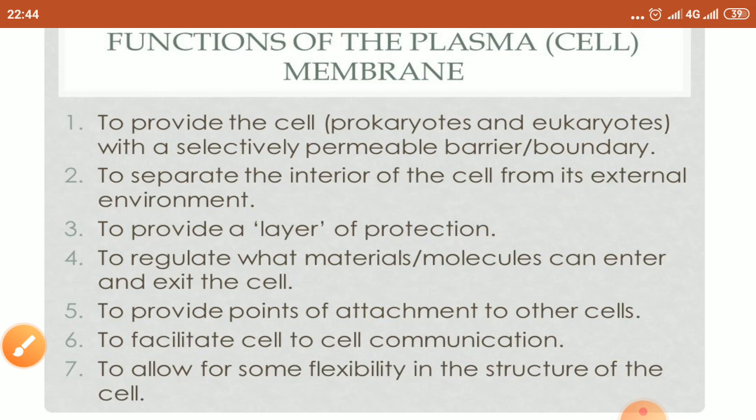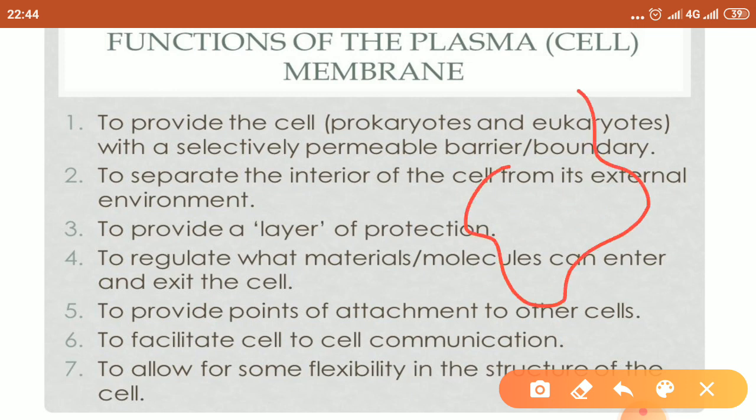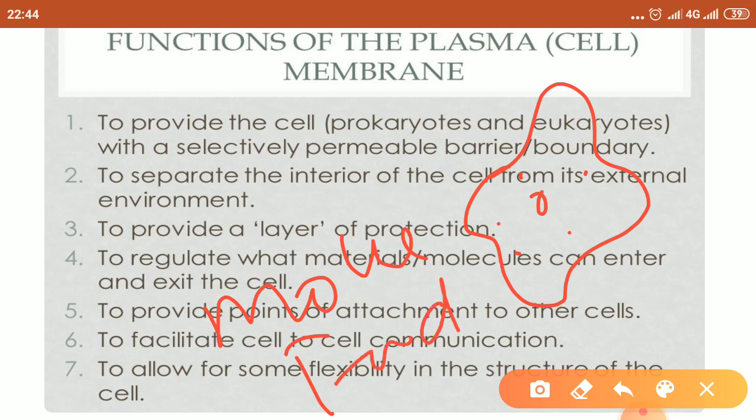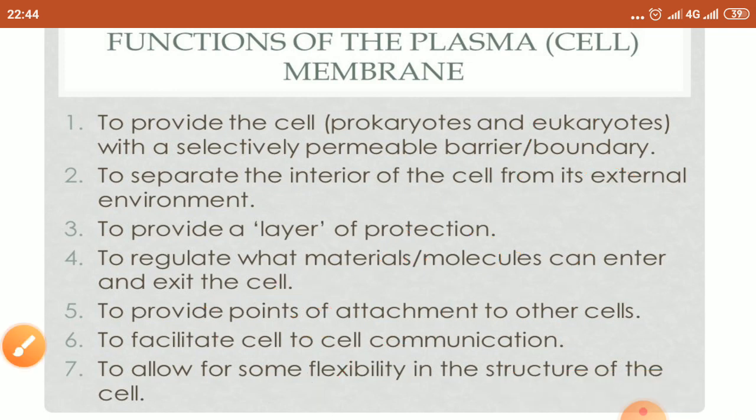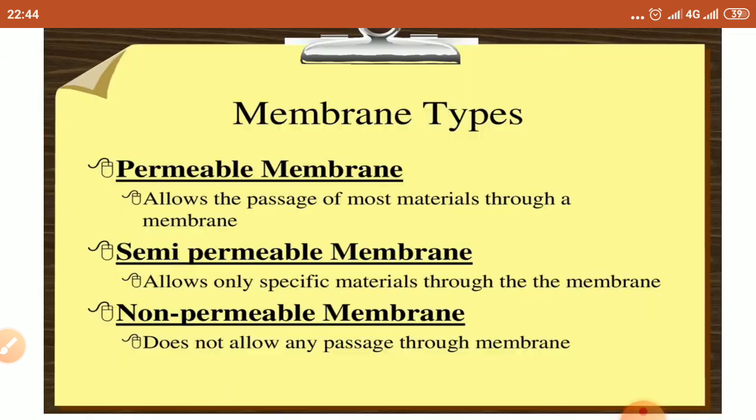And lastly, it allows for some flexibility, as we have already discussed in grades 7 and 8 about amoeba. The amoeba cell is flexible, and that flexibility helps the amoeba to move and to capture food. So this is how the plasma membrane helps the cell. Hope it is clear to you all. Now we'll move to the next part.